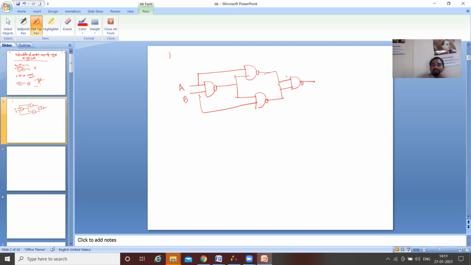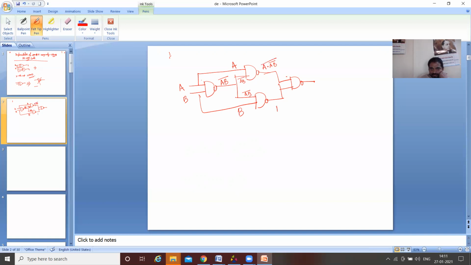A and B. Now the output of this NAND gate is AB whole bar. This wire is A and this wire is B. This wire is AB whole bar, and the output of this NAND gate is A dot AB whole bar whole bar.